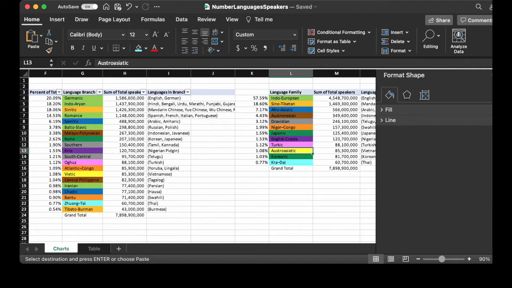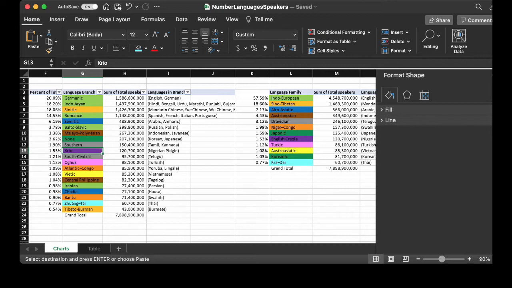And then the English Creole had the Creole language branch, which Nigerian Pidgin was part of. Sorry if I'm mispronouncing some of these. And then you had the Kra-Dai, which has Thai as a part of it.